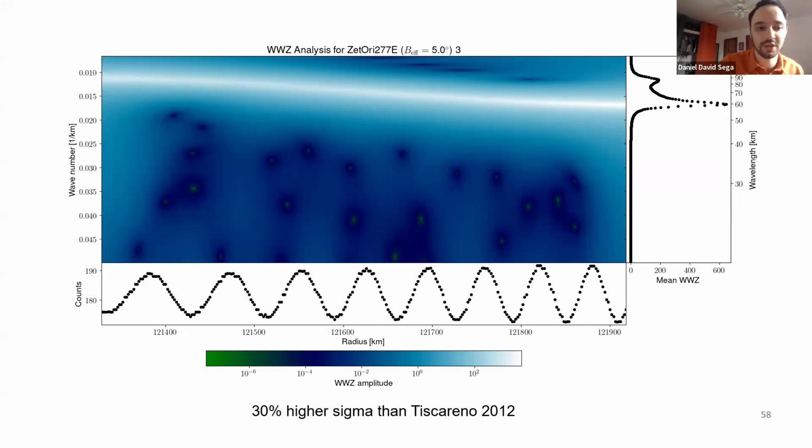This is the model of the wave on the bottom, in terms of counts instead of optical depth. You see there's a very small, maybe 5% difference in the counts due to that. And in reality, the variance, the noise of the data, is of the same order. So we really have to hunt for this signal.